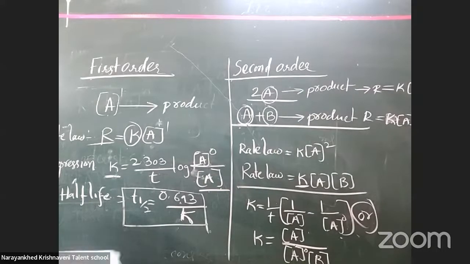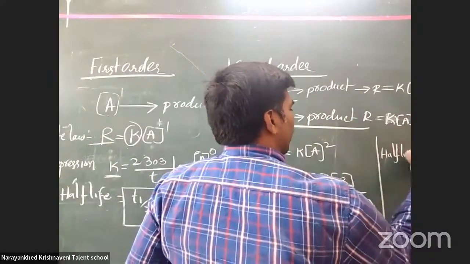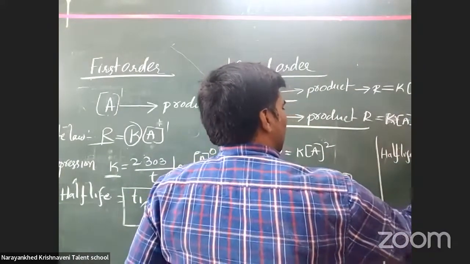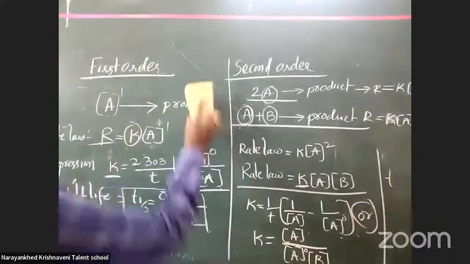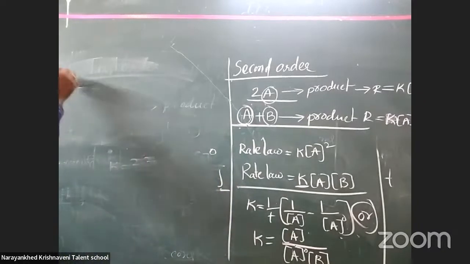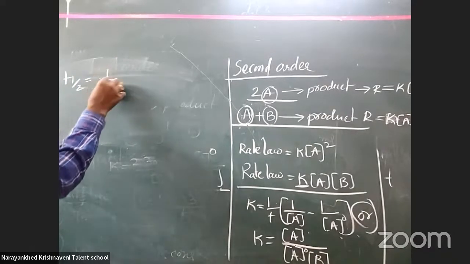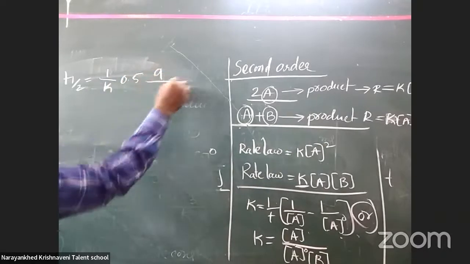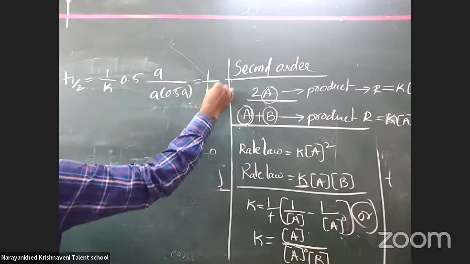The half life period, T half, sorry, it is not for the second order purpose. T half is equal to 1 by K A.